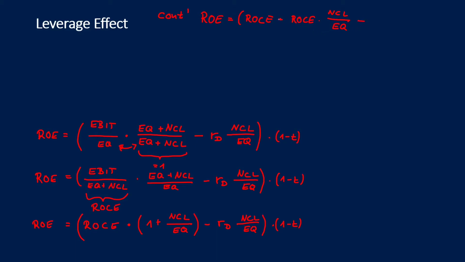Here's a plus, of course, because we multiply rho C with 1 and we multiply rho C with this, but there's a plus in the middle. And minus our D non-current liabilities and the equity, and again 1 minus t.